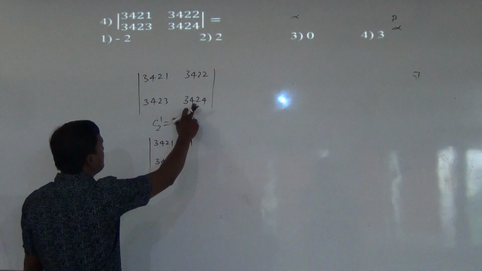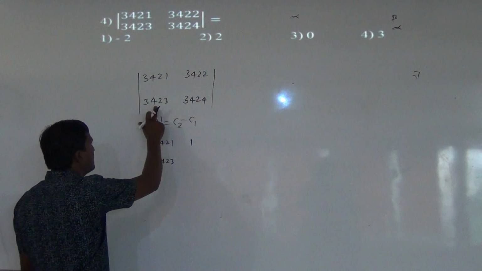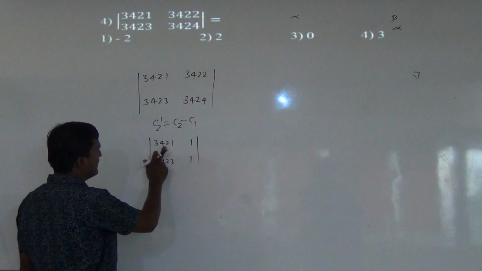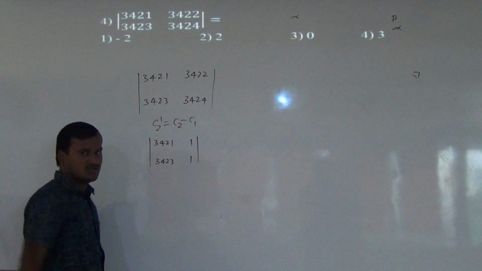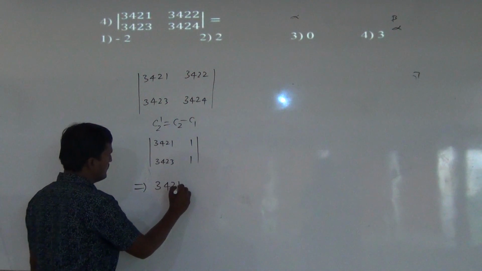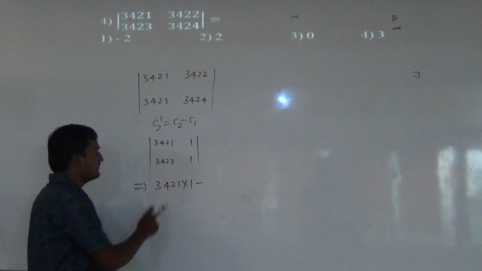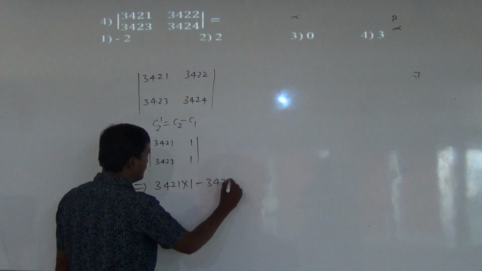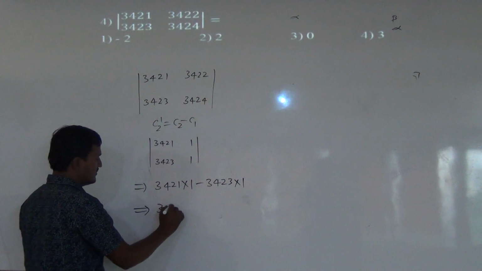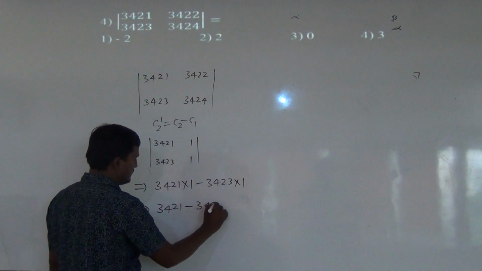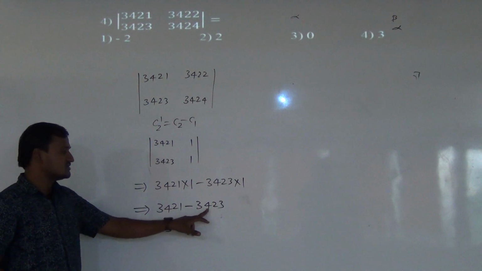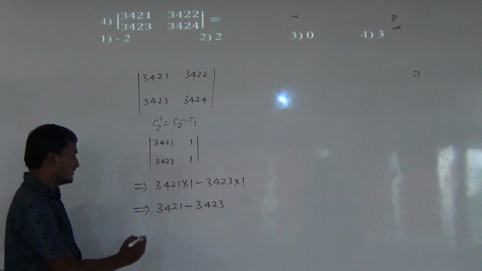What about 3424 minus 3423? So the answer is 1. Now it is in the form of a, b, c, d. What is the answer? ad minus bc. So clearly 3421 into 1 minus 3423 into 1. Simplify this one: 3421 minus 3423. So what is your answer?